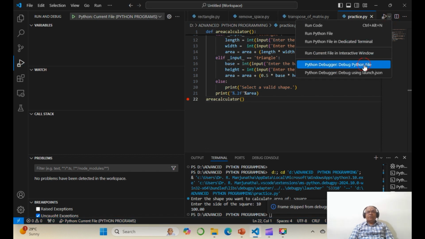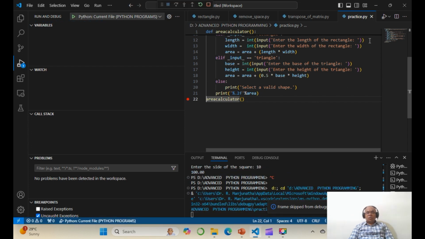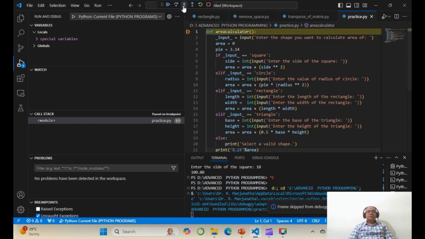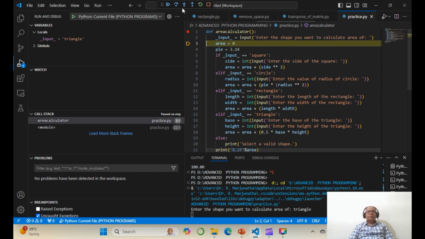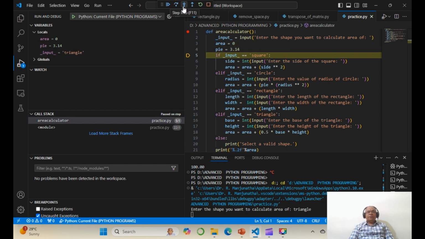Suppose I want to go for some other one, a triangle first. I will say triangle. Area is 0, pi is 3.14. Triangle equals square? No, it skips that. Triangle equals circle? No, it skips that. Triangle equals rectangle? No, it skips that. Triangle equals triangle?